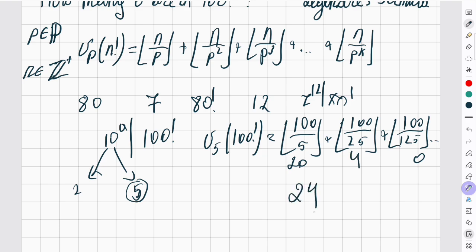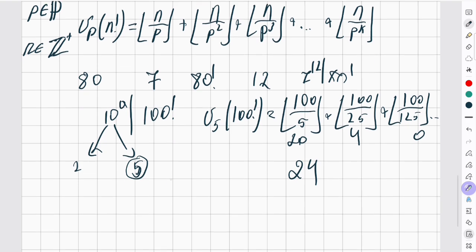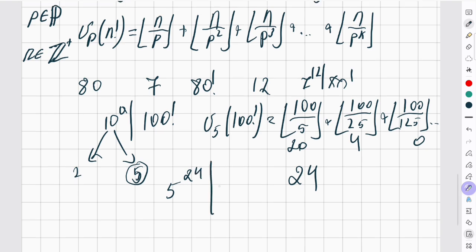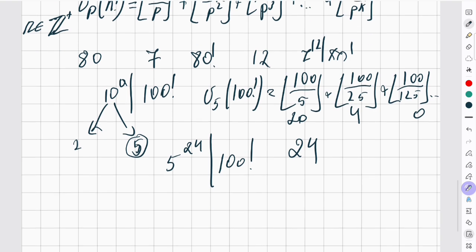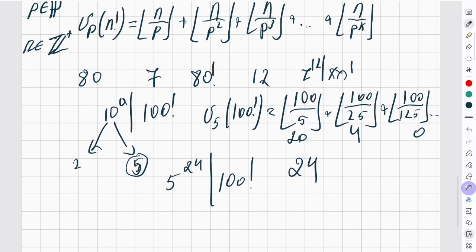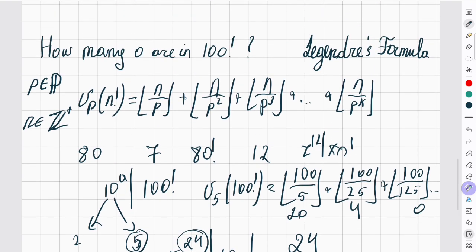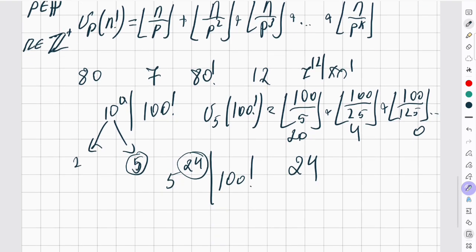Overall we have 24 fives inside 100 factorial. It means that the greatest exponent of 5 dividing 100 factorial is 24. So it means that there are 24 zeros in 100 factorial.